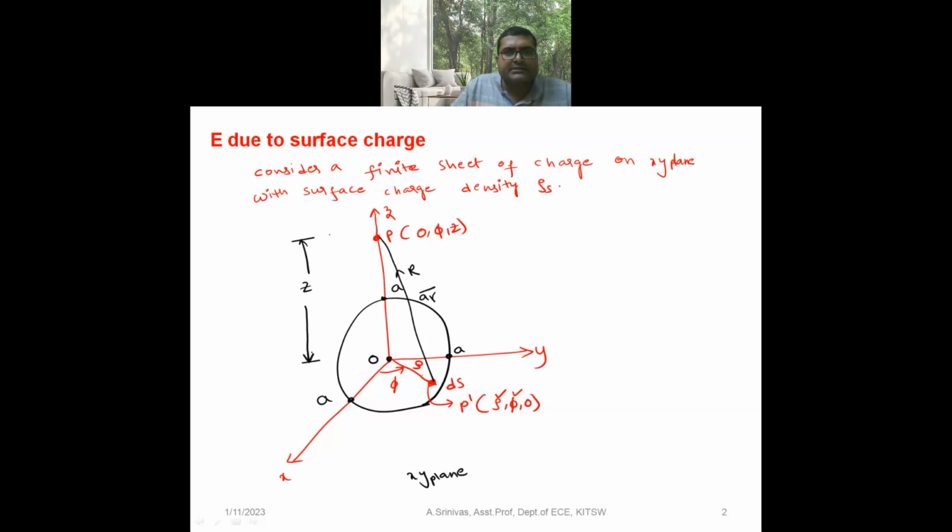It is the distance along z axis, or in some textbooks, this particular point can be represented by h, means at some height of h, you're supposed to calculate. Doesn't matter, both are same. The sheet is uniformly distributed with surface charge density rho s.